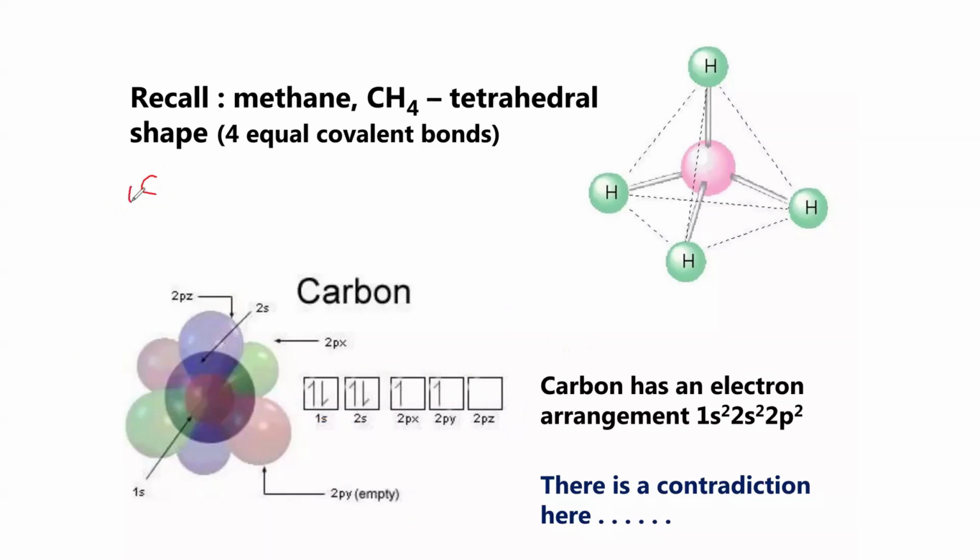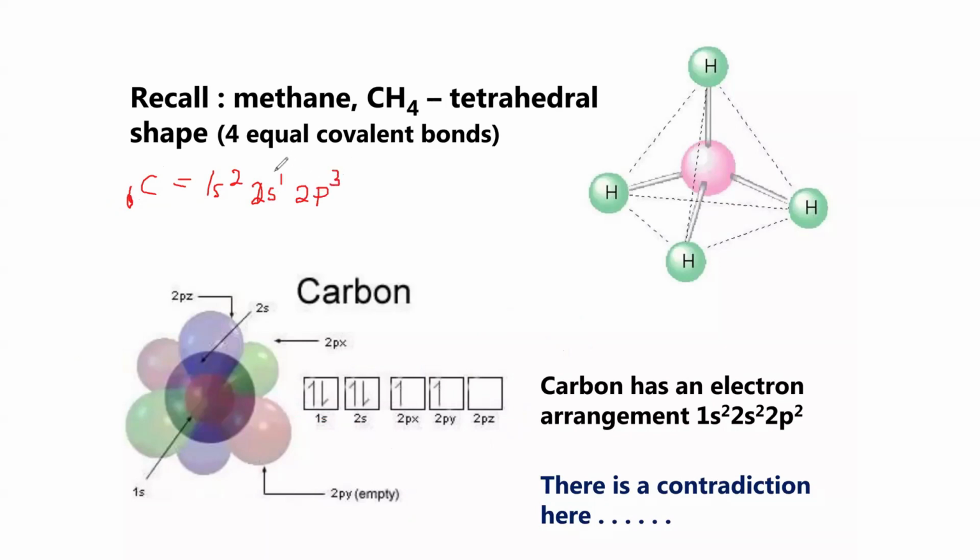Carbon has 6 as the atomic number, and then we have the electronic configuration as this: 1s2, then 2s1, and then 2p3.